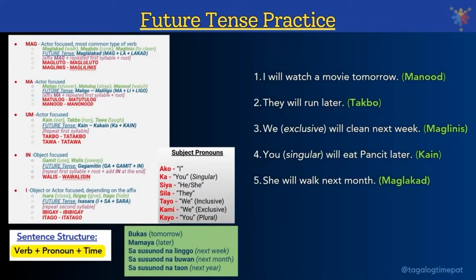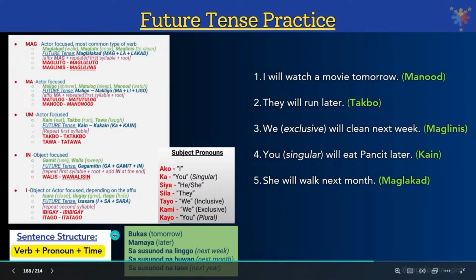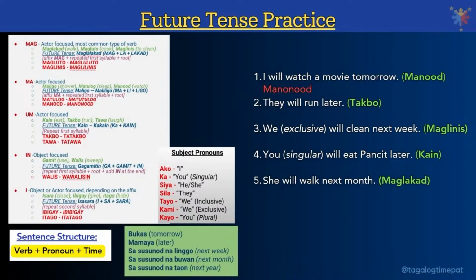Now here are some examples. Let's do the first one together. I will watch a movie tomorrow. Manood means to watch. So again, let's take a look at our sentence structure. It should be verb plus pronoun plus time. Manonood is the future tense conjugation of manood. Manonood ako means I will watch.